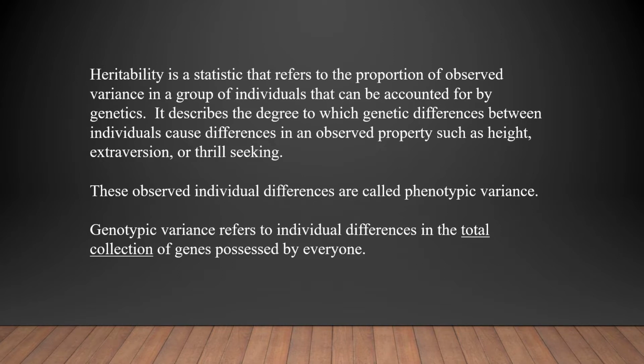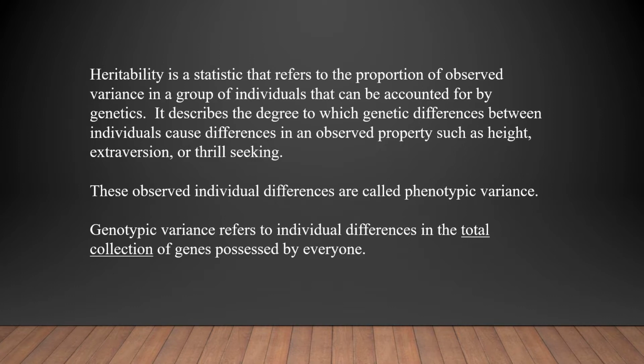It describes the degree to which genetic differences between individuals cause differences in observed properties such as height, extroversion, or thrill-seeking. These observed individual differences are called phenotypic variation.